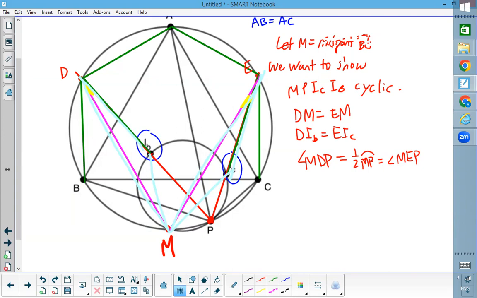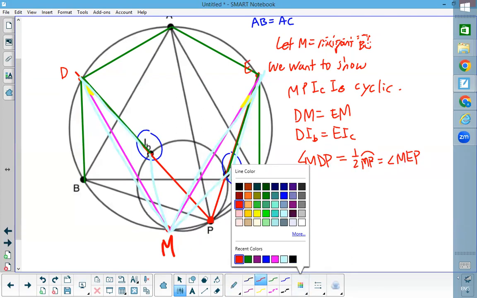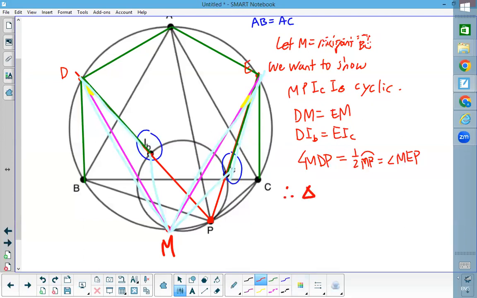Therefore, this tells us that triangle DMIB is congruent to triangle EMIC by SAS congruence: two sides and their included angle.